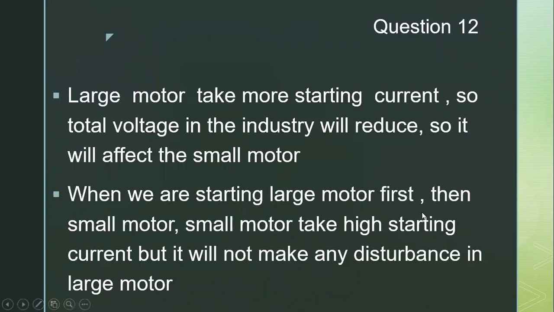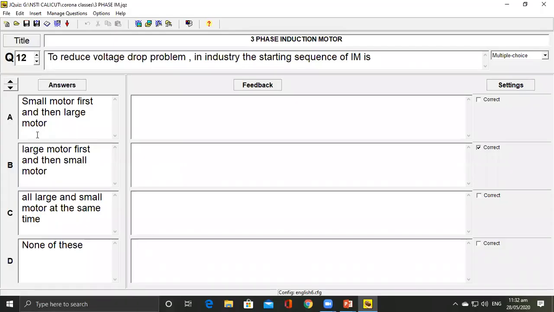Starting the large motor first, the small motor's starting current will not make any disturbance in the large motor. So what will be our option? The option is the large motor first and then the small motor. That will be our answer.